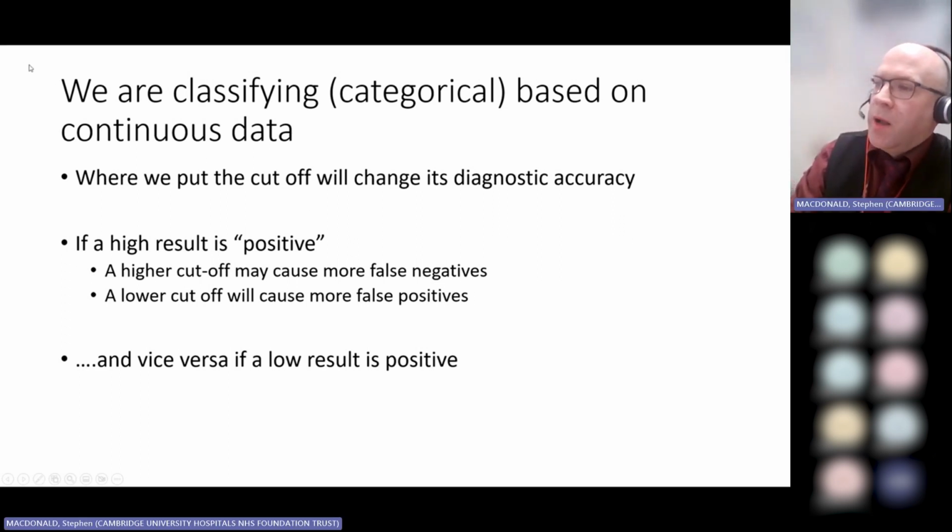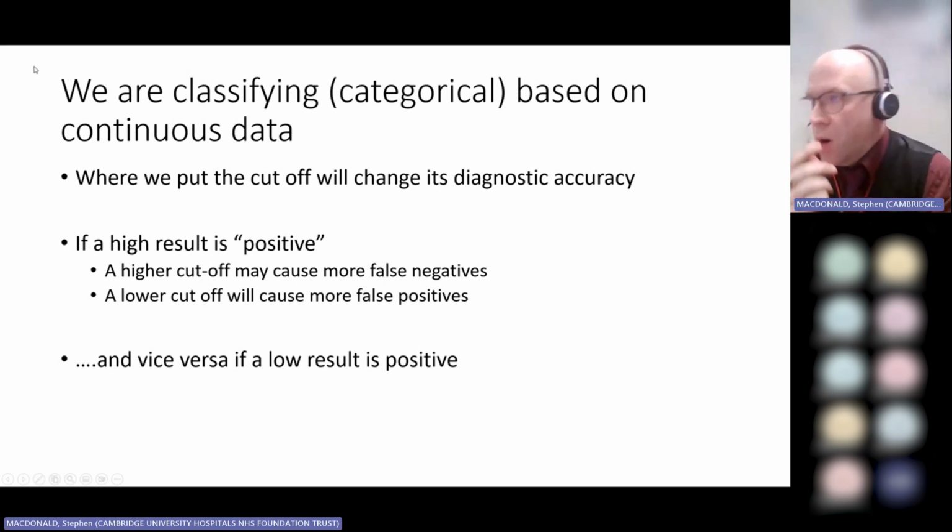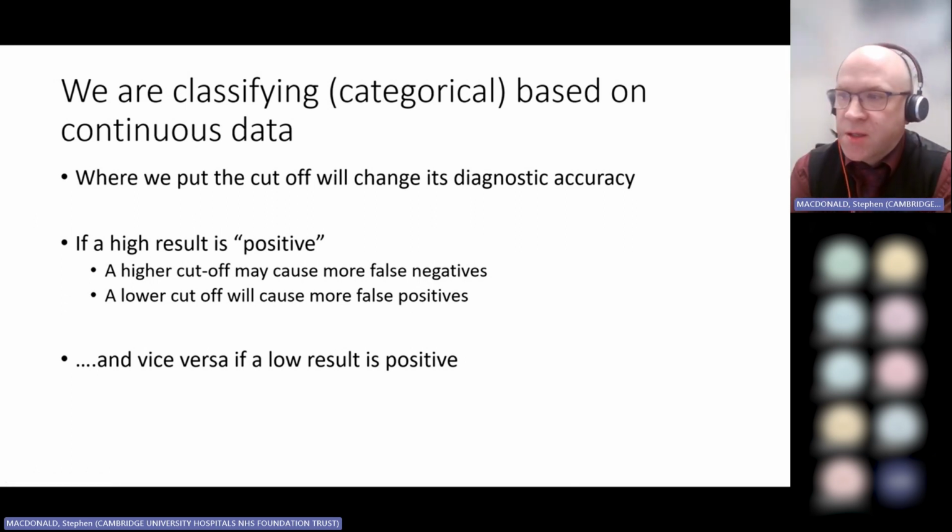I want to go back again to the point I made originally, where if we're looking at numerical data in particular, we're classifying patients in a categorical manner based on numerical data. So where that cutoff is placed is extremely important, and it will change its diagnostic accuracy.